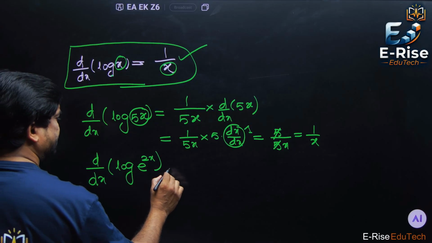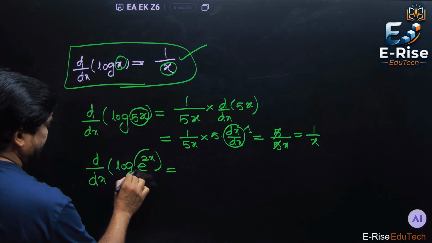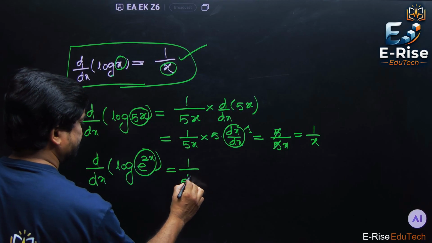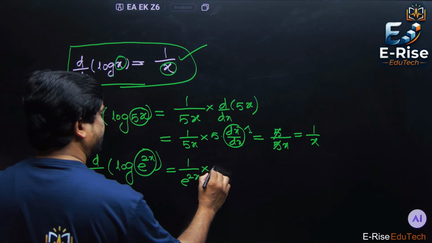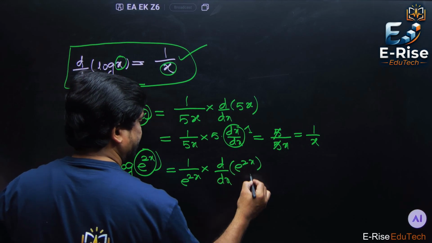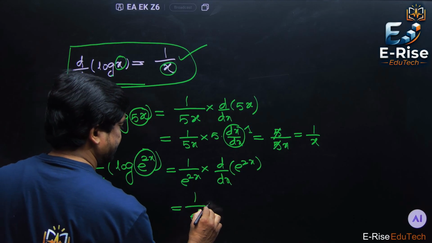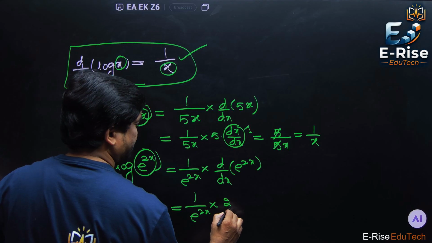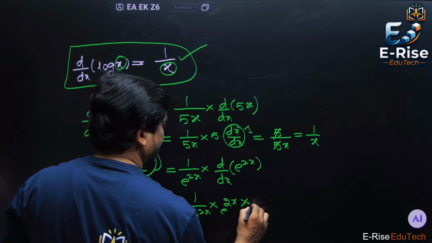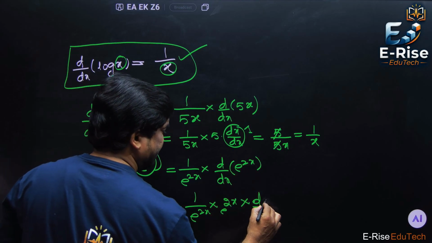Then here apply internal differentiation. d by dx of log e to the power 2x means 1 by e to the power 2x into d by dx of internal differentiation for e power 2x, e to the power 2x. So 1 by e to the power 2x into e to the power 2x into, again apply the internal differentiation for 2x only, d by dx of 2x.